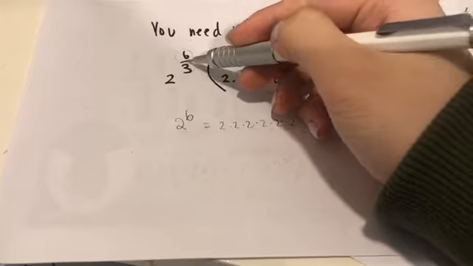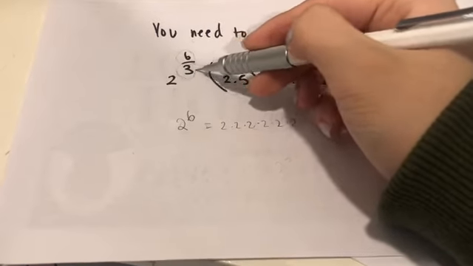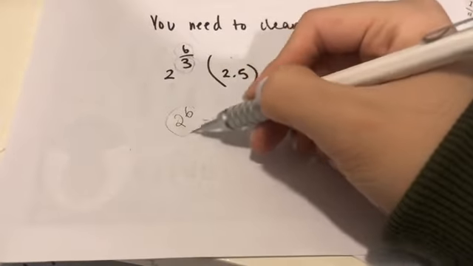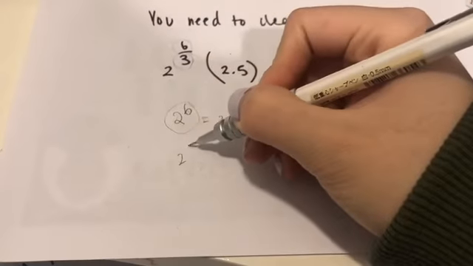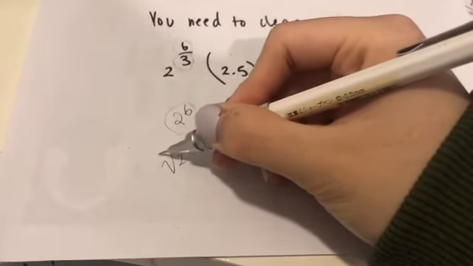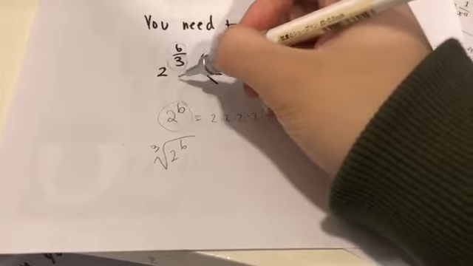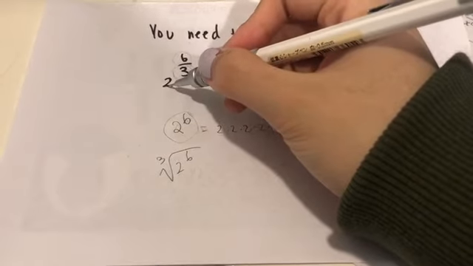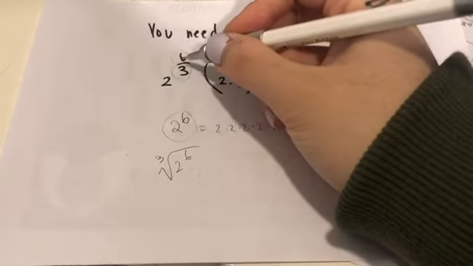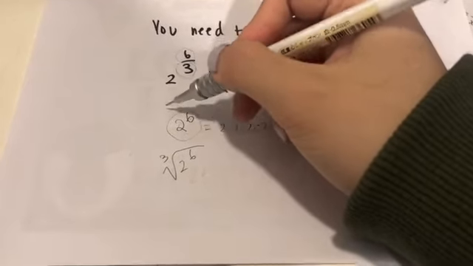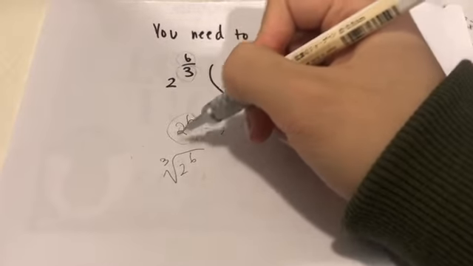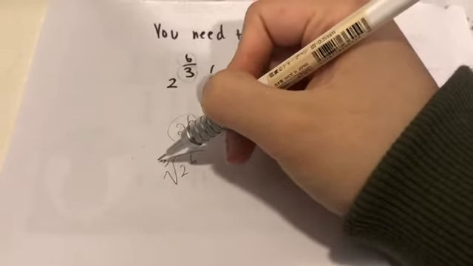And the denominator here means that this number has to be under the cubic root. For example, if this was 2 to the power of 6 divided by 4, then it'd be 2 to the power of 6 under the fourth root.